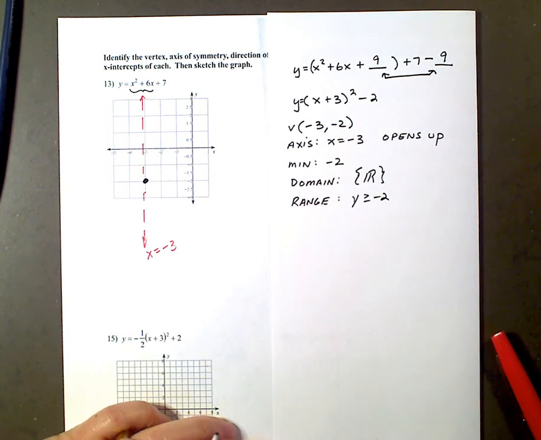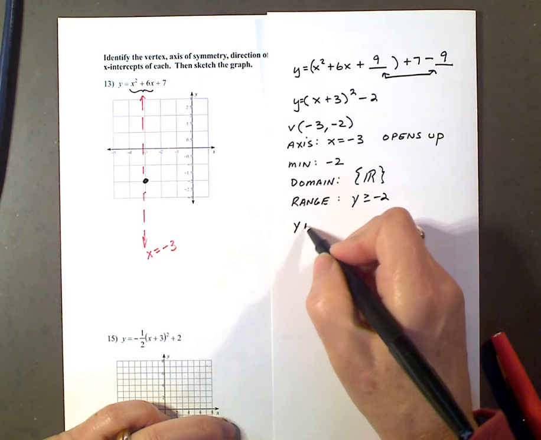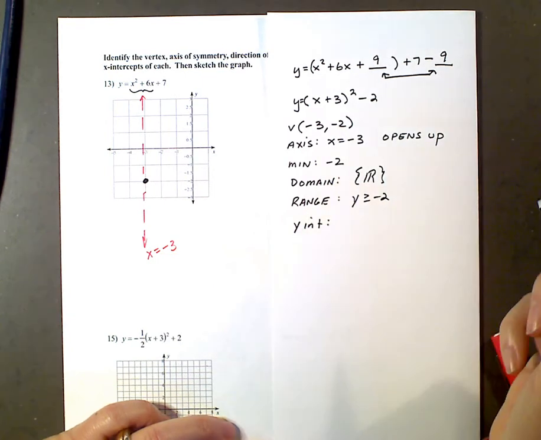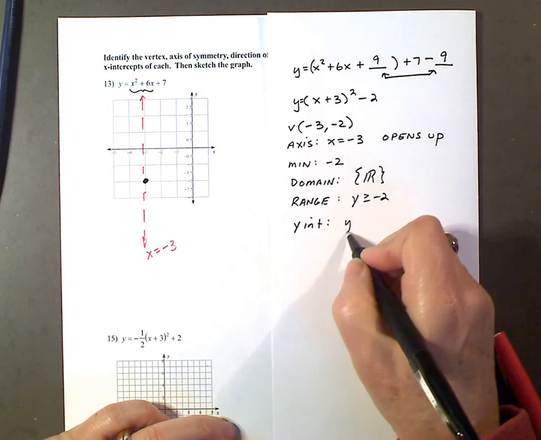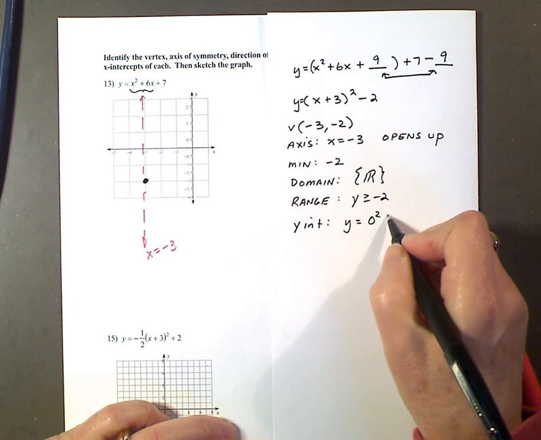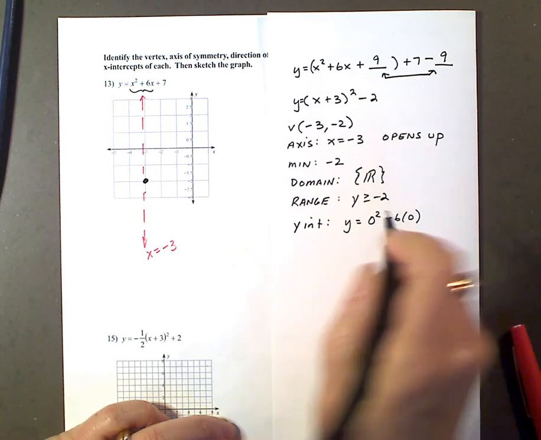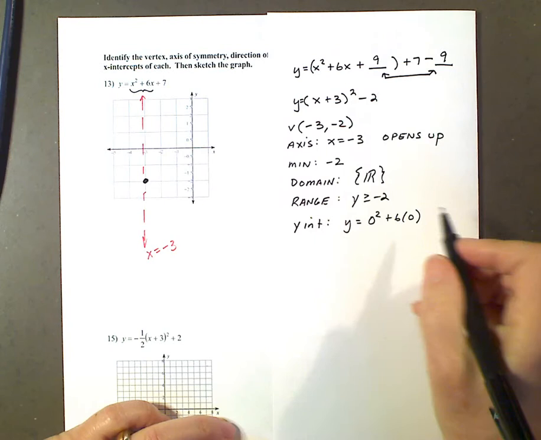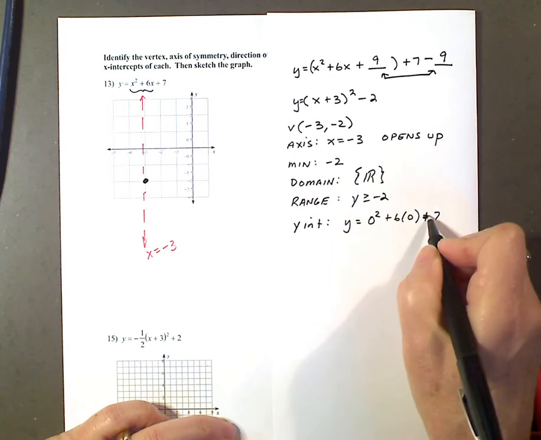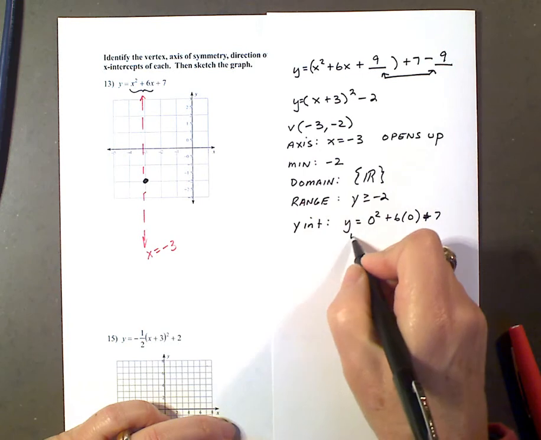So let's look at the y-intercept first before we look at the x-intercept. To find the y-intercept, I set x equal to 0 and solve for y. Well, if I take the original equation, x squared, and I make x equal to 0, these first two terms cancel out, and I just get y equals 0 plus 0, plus 7. So y is 7.